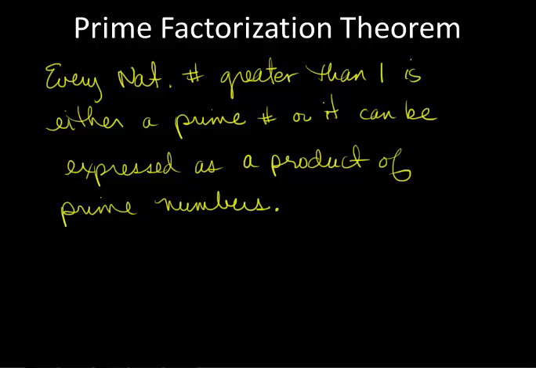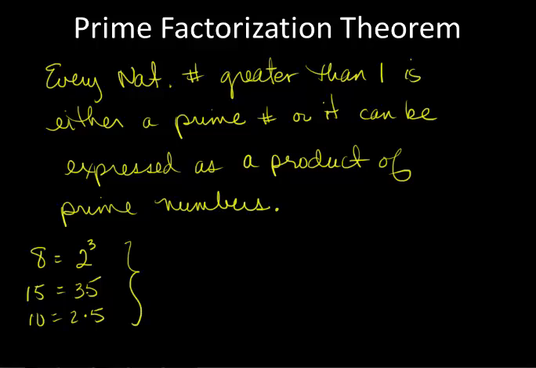When you express it as a product of prime numbers, for example, 8 is equal to 2 cubed, 2 times 2 times 2, or we already said 15 is equal to 3 times 5, or 10 is equal to 2 times 5.